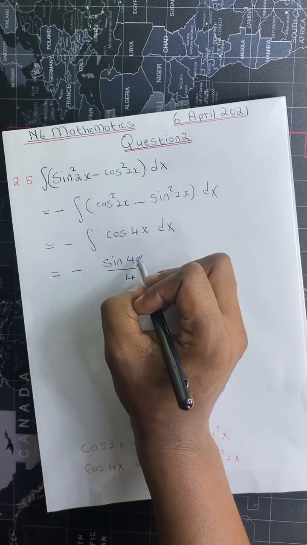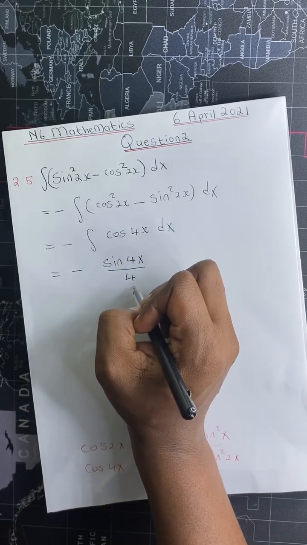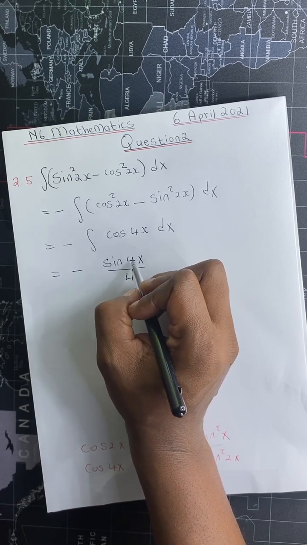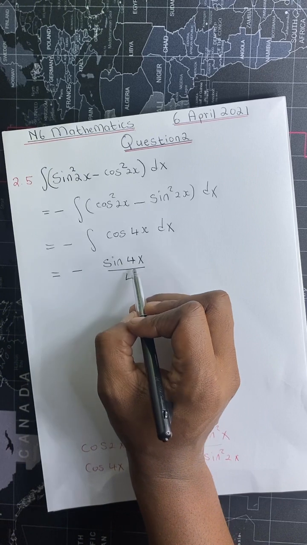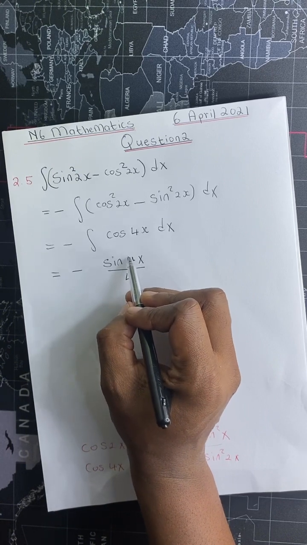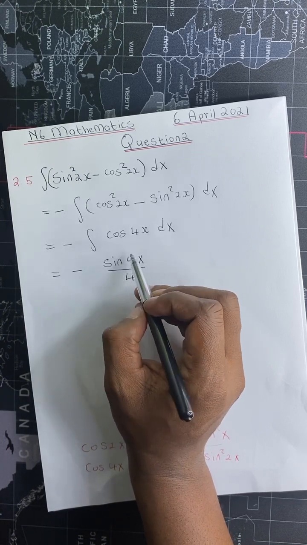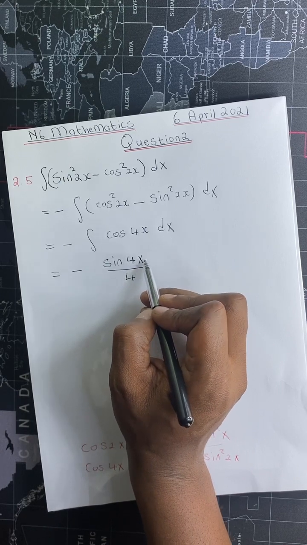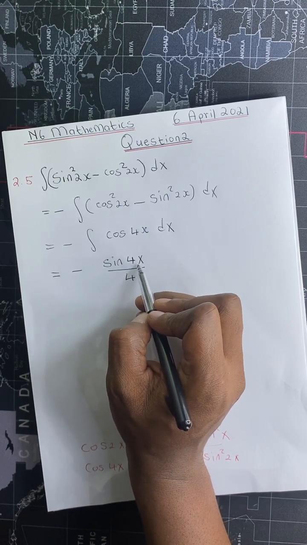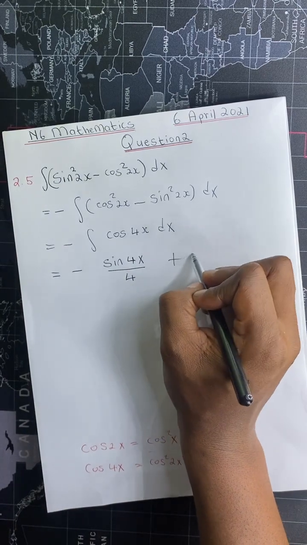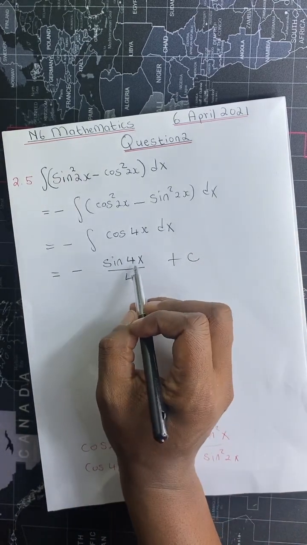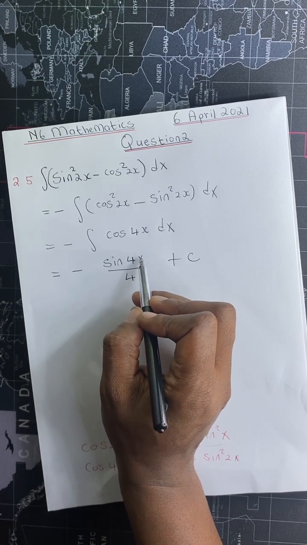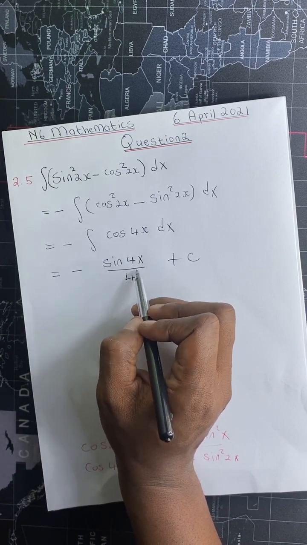We divide by 4 when we integrate, but if we were differentiating, we would multiply by the derivative of the function of the function. The function of the function is 4x. If we were differentiating, we would multiply by it, but in this case we are integrating, so we are dividing by the derivative of the function, which is 4x.